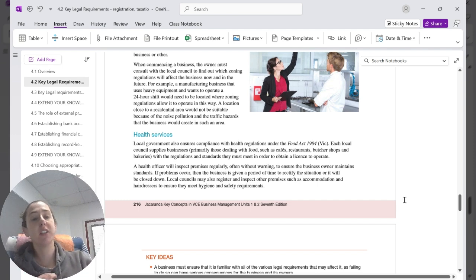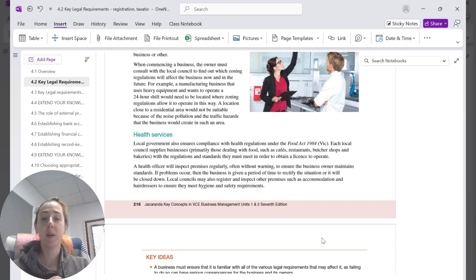You are going to have to make sure that you are meeting any legal requirements that sit in the background of that. So a health officer will inspect your premises regularly, generally without warning, and ensure that you are maintaining appropriate standards. If anything happens, you might be given a period of time to rectify the situation, or you may be forced to close down if you don't meet the requirements in a period of time.